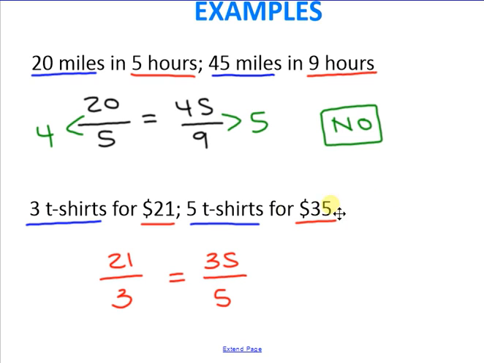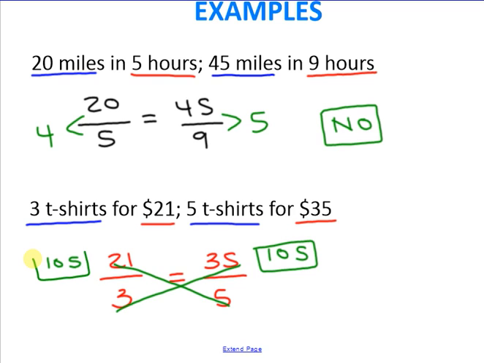For this one, I'm going to use the second method just to switch it up and show you how it works. 3 times 35 is 105, and 5 times 21 is also 105. And so these are equivalent ratios. So that's a yes and a no at a very basic level, okay?